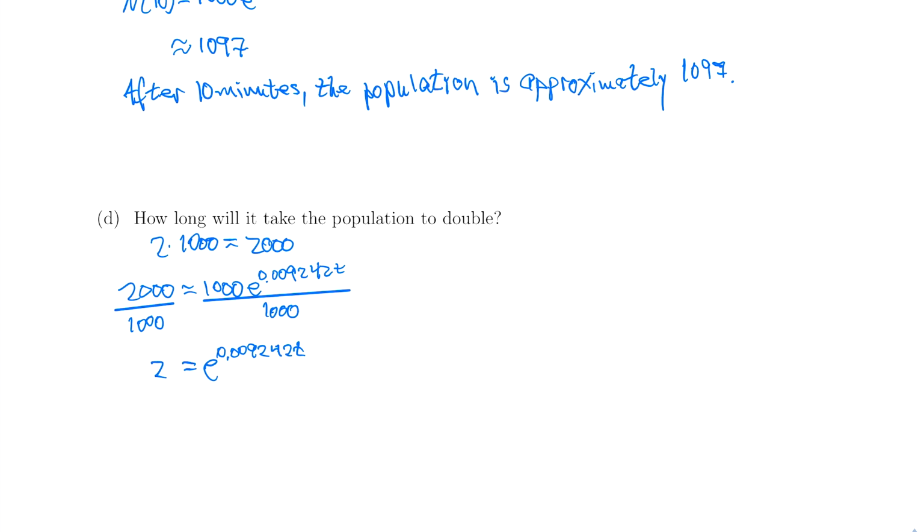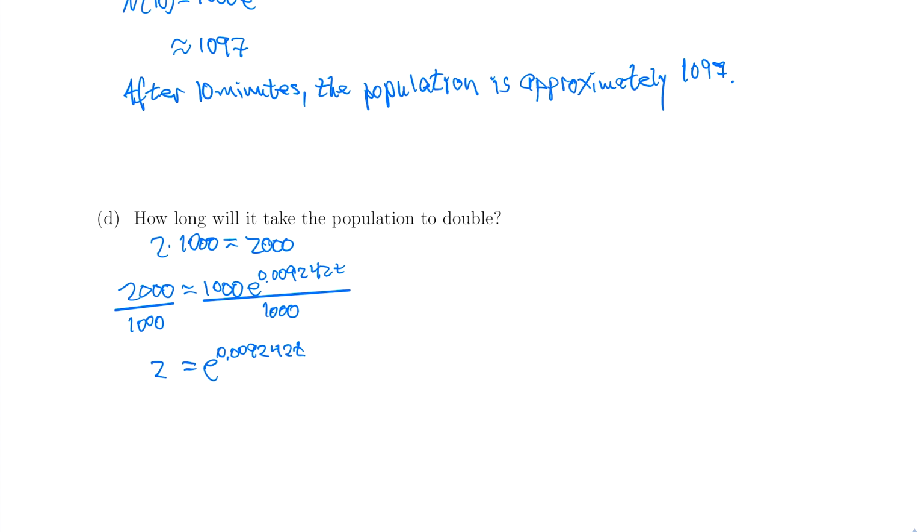Let's take a moment to think about what just happened. We doubled the amount, put it on the left side, but then we had our amount on the right side and divided by it. So we ended up with 2. If our original amount of bacteria had been 500, then the doubling would have been 1000, and if we divide by 500, we'd also end up with 2.